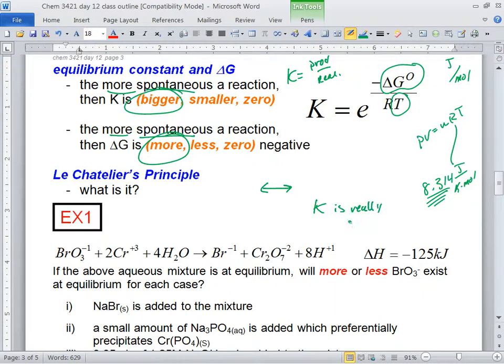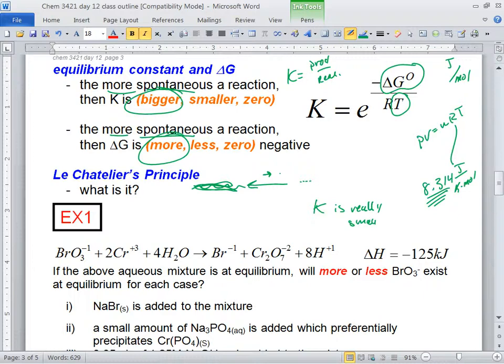Just pretend. So we have a little bit of product, and a whole lot of reactants. But it's at equilibrium, so maybe draw the arrows more like this. That means the concentrations aren't changing over time.